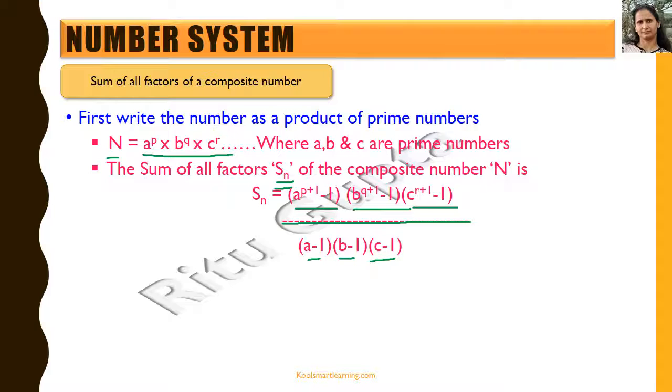So what we are saying here is that N is the product of a raised to power p multiplied by b raised to power q multiplied by c raised to power r.